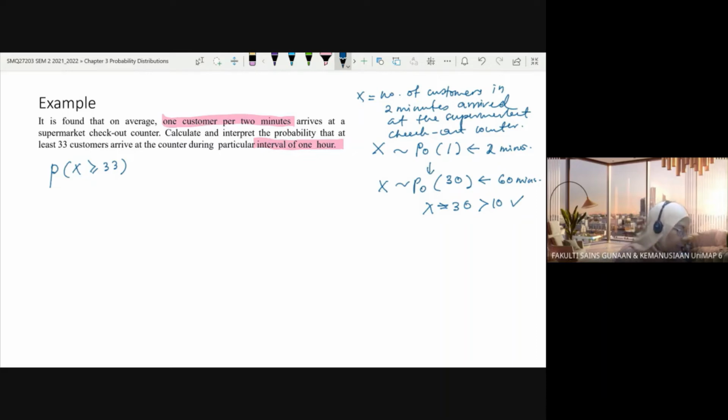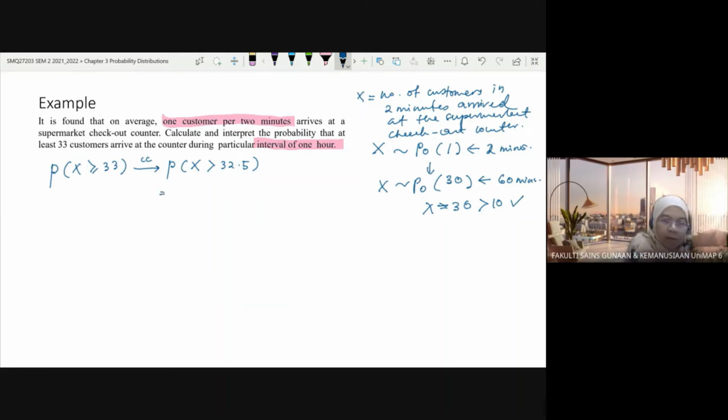Since this is an approximation using the continuous from the discrete, the continuity correction factor applies: x greater than 33 is deducted by 0.5, so you will have 32.5. That is the first step.